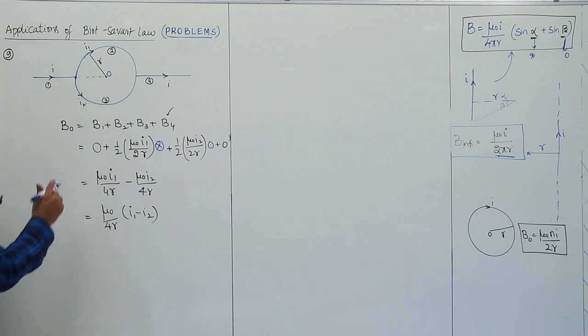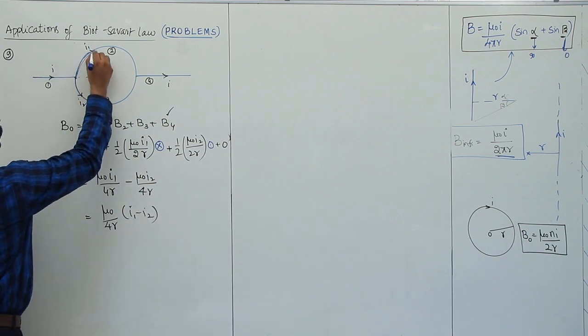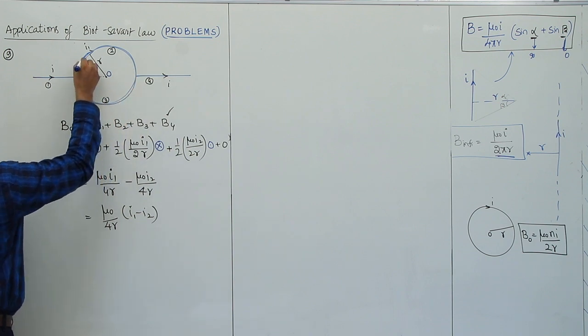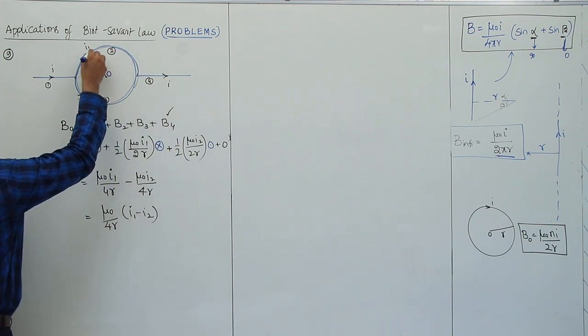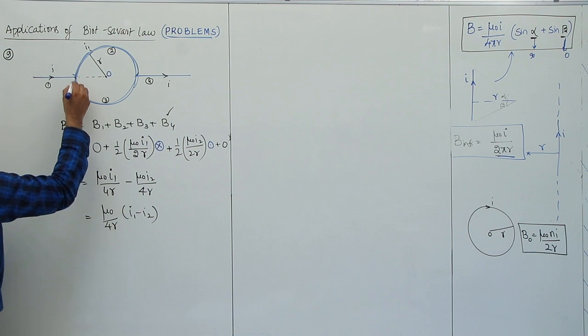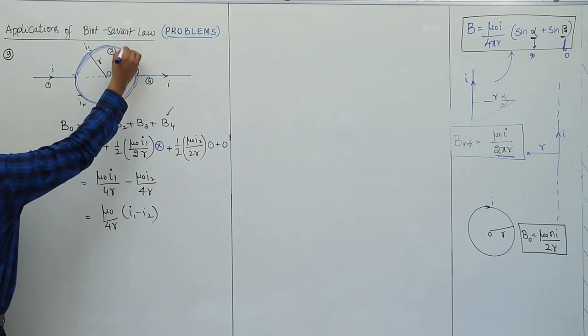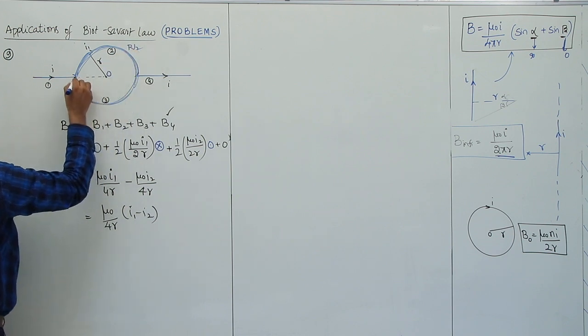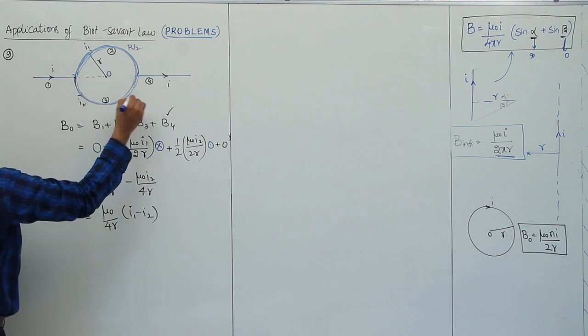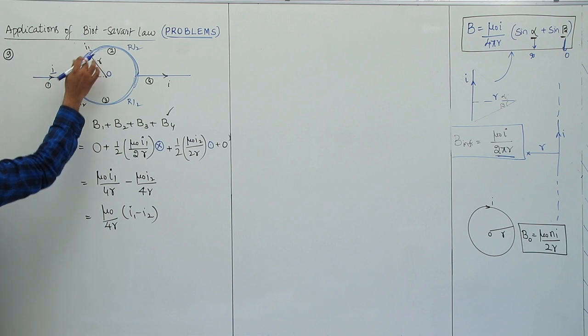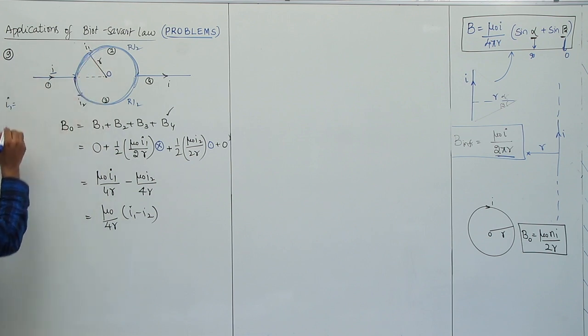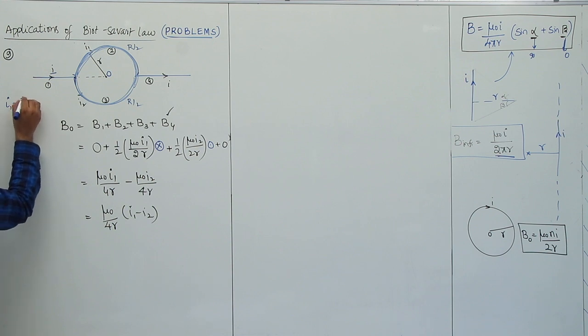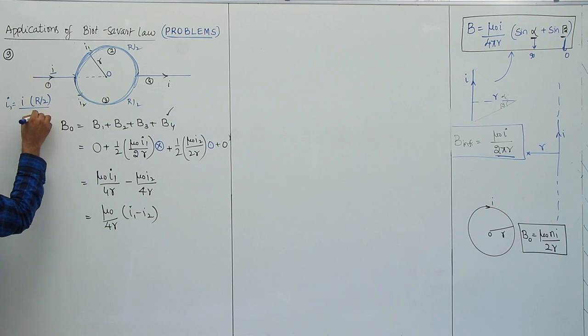Now, what is I1 here? You can see this is a semicircular part, half of it. If the total resistance of this one is capital R, this resistance will be R by 2, and this resistance is also equal to R by 2. So the main current is I, dividing into 2 parts. So we have this formula that we have studied in a previous lesson. I1 is equal to main current into resistance on the other branch by sum of the 2 resistors.